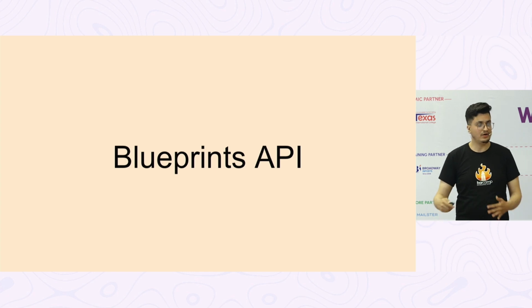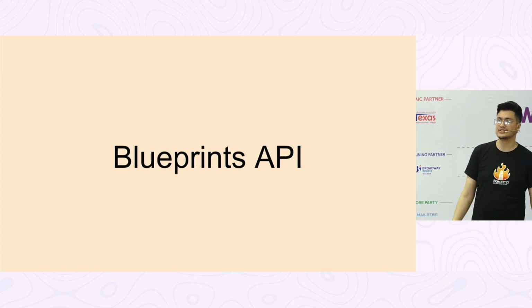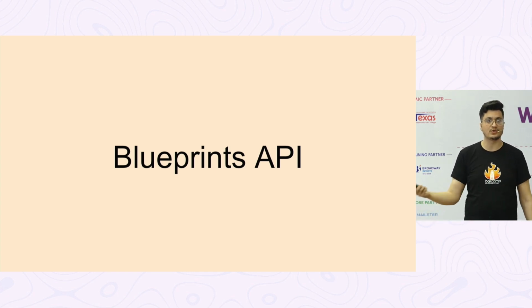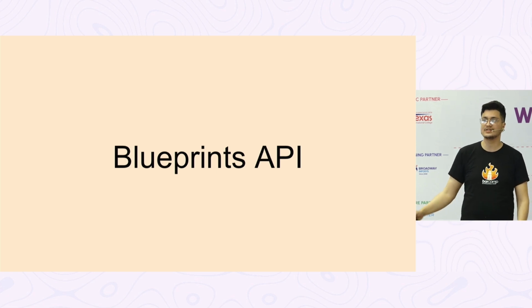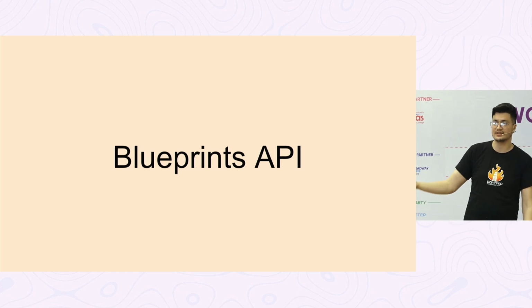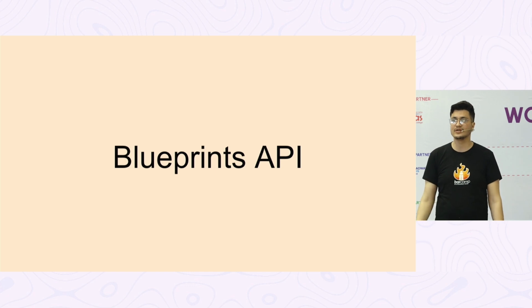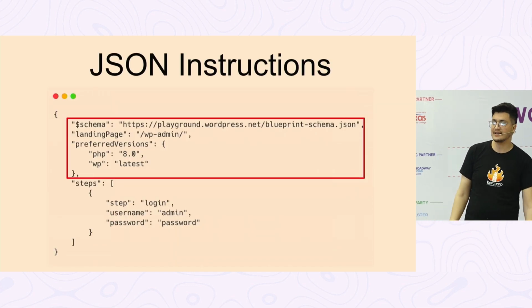The other main thing is the Blueprint API, which is mostly useful for us product designers and everyone. Blueprint API means full customization. You can define the steps and everything. The Blueprint API begins with a JSON file that has everything.